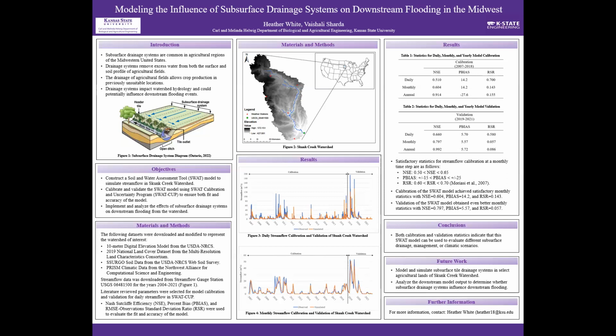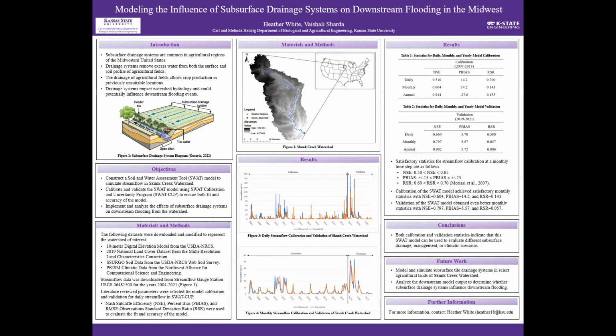Validation results were even better with a Nash-Sutcliffe efficiency of 0.797, a percent bias of 5.57, and an RMSE-standard deviation ratio of 0.057.